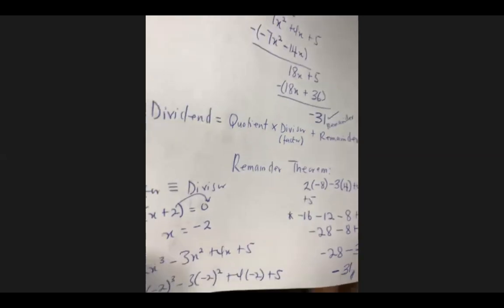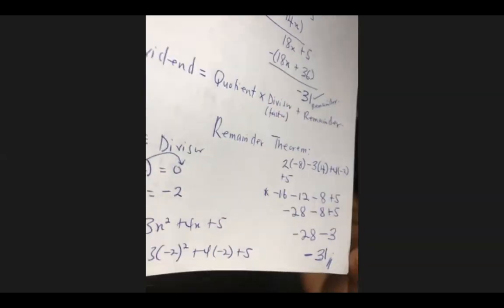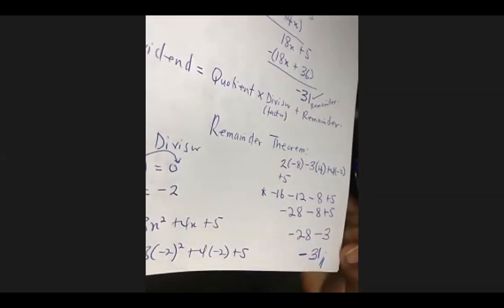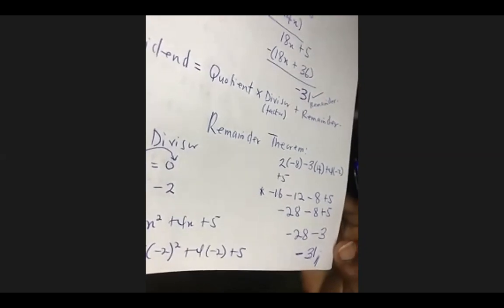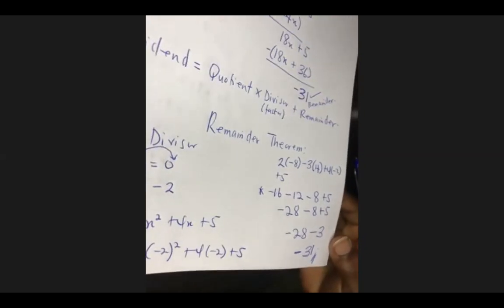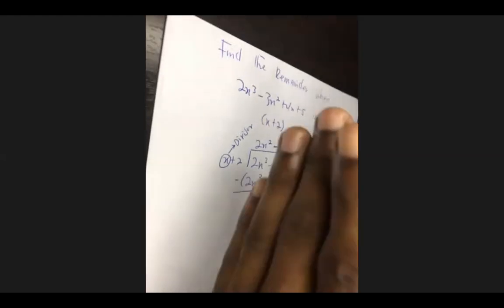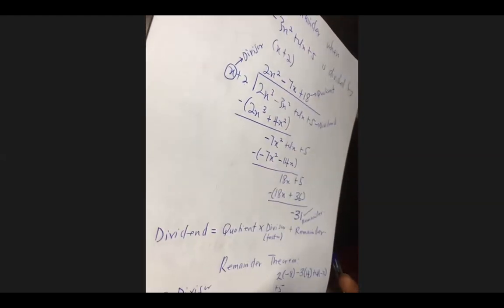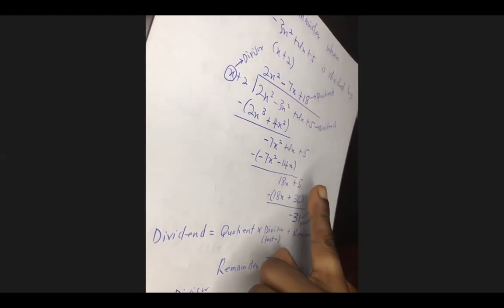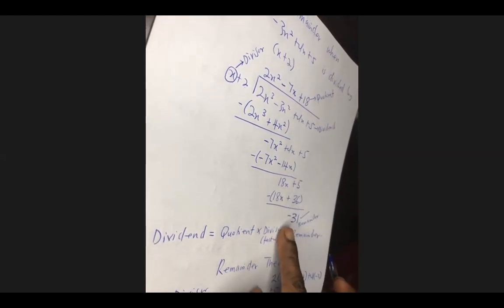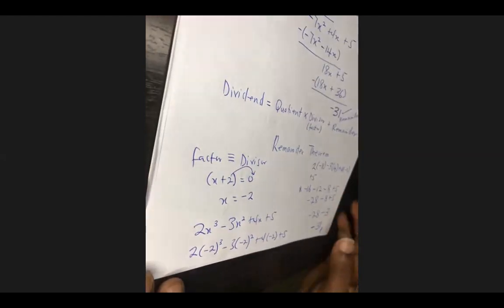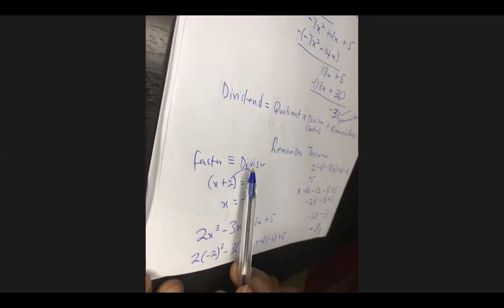So now the remainder theorem is telling you that, no, don't go through the stress again. There is a way you can find the remainder easily without going through this whole long division before you are able to get your remainder at the end. The remainder theorem is telling you that just take the factor.